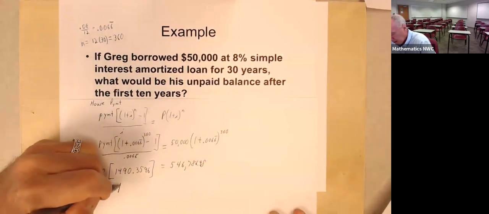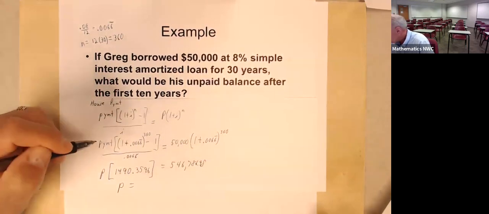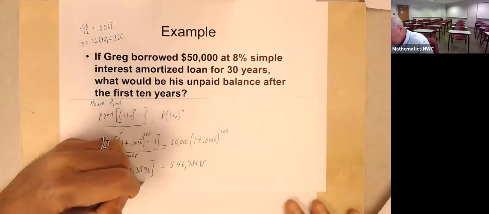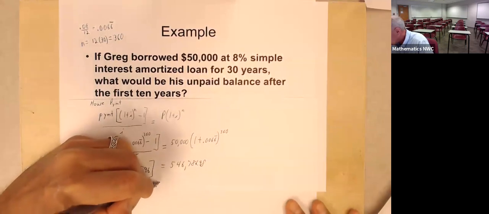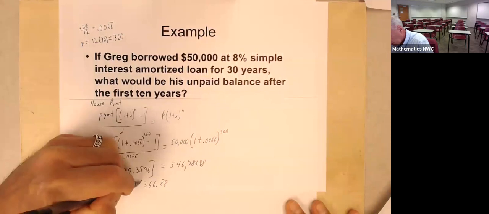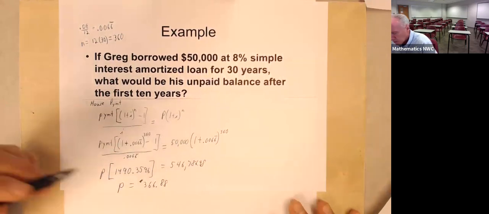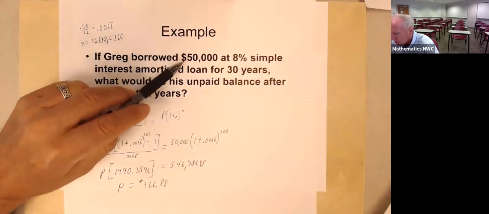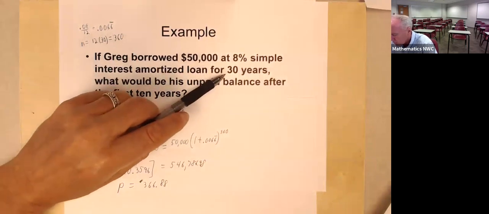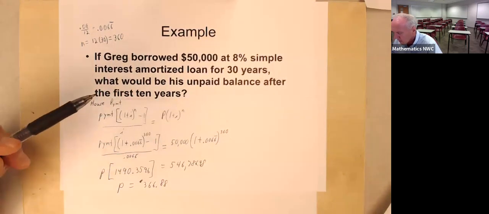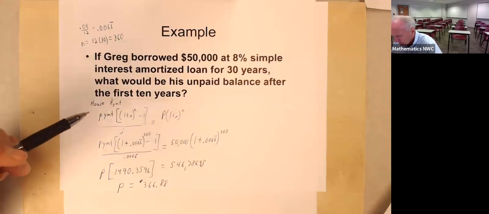When you divide, you get your payment to be $366.88. Really small house payment. This was a very cheap house, and you've spread it over 30 years, so you get a low payment there. Okay?